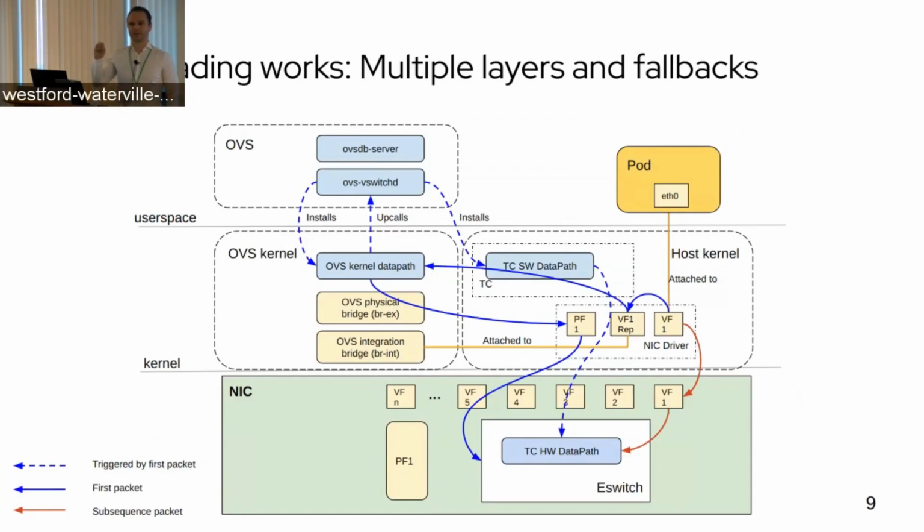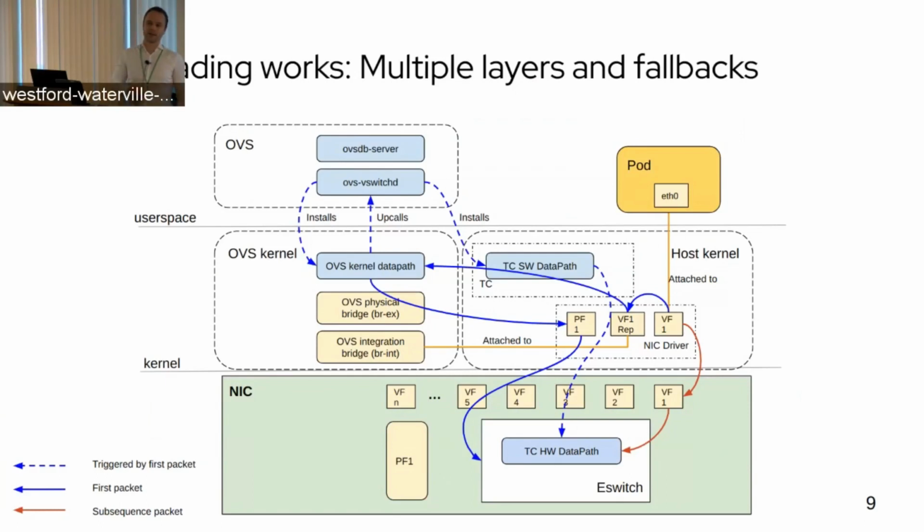When your packets are traveling through the stack, your application puts the packet to the virtual function. If all goes well, it goes directly out of the interface and you never see it coming back to software. But if it doesn't, especially at the beginning, the hardware doesn't know how to handle it, and you will go through the stack and hit many different places, and that's outlined here.